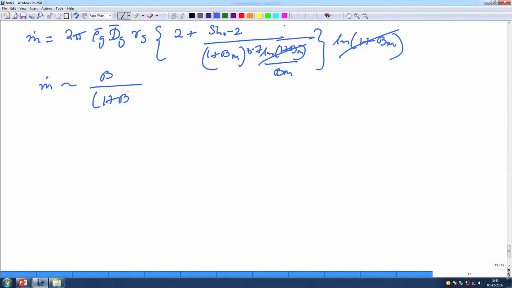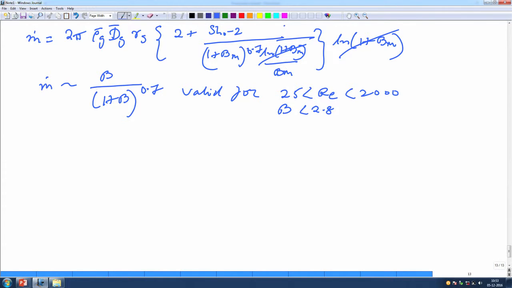Let us keep it generic, because this will be valid for the other one also. These two get cancelled, this Bm goes up. So this is basically B by (1 plus B) to the power of 0.7. This is valid for a very large set of Reynolds number, actually up to 2000, and for B less than 2.8.